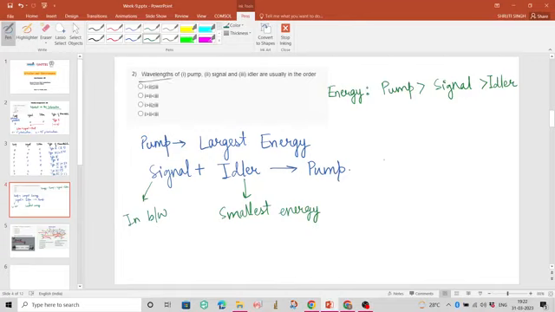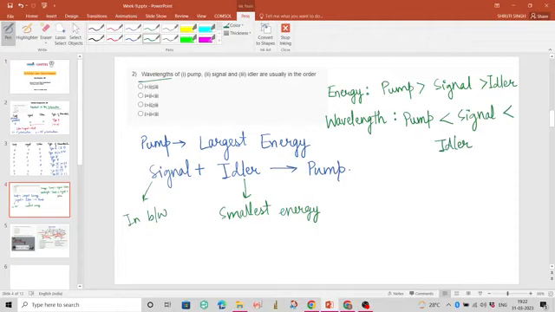So wavelength will be the reverse of the energy order, because energy and wavelength are inversely related. So for wavelength, we will have pump least, then the signal, and then the idler.